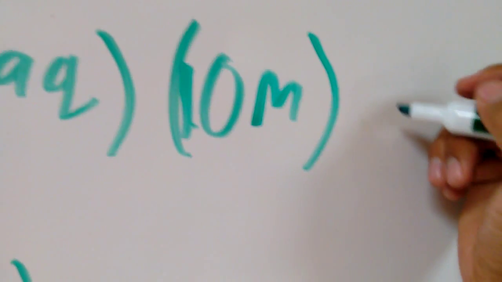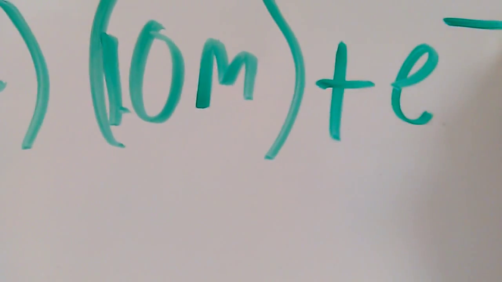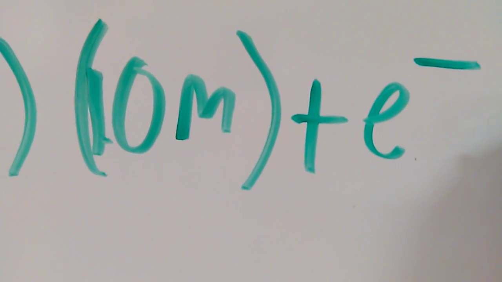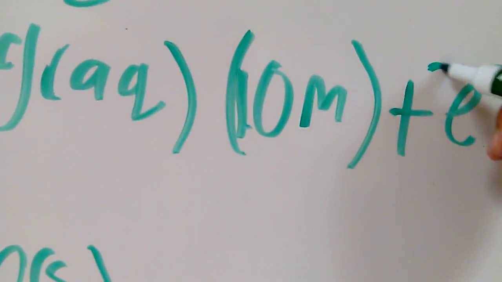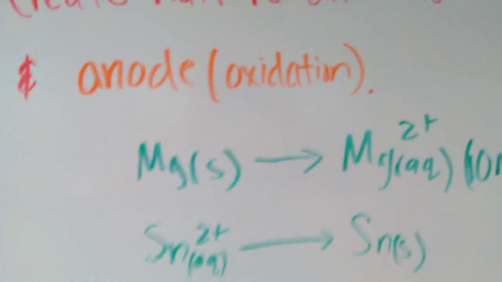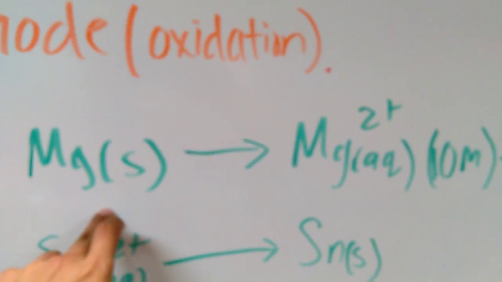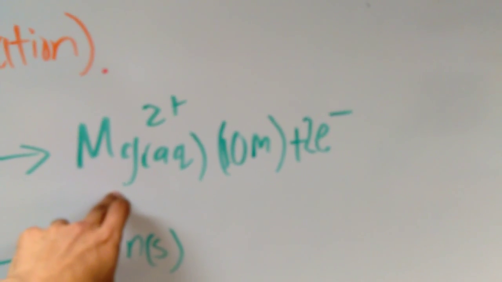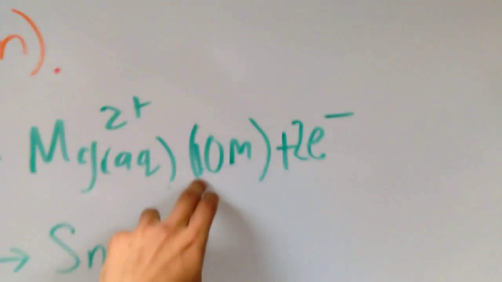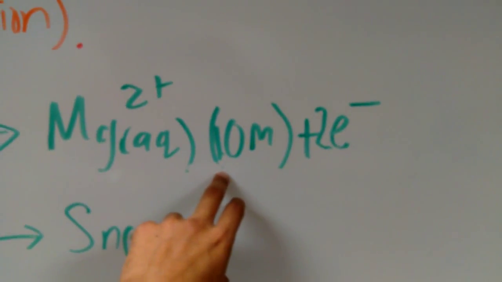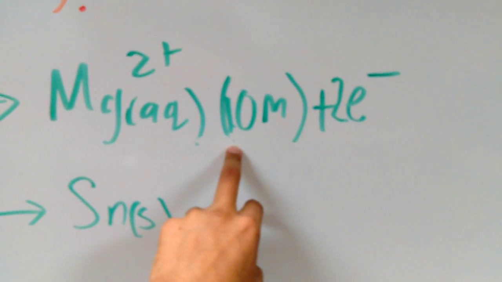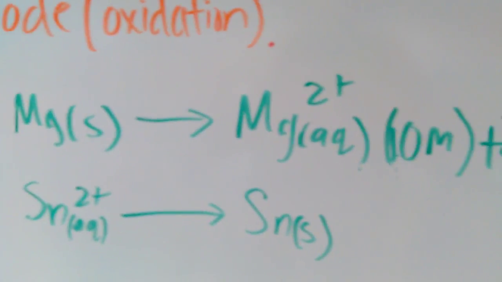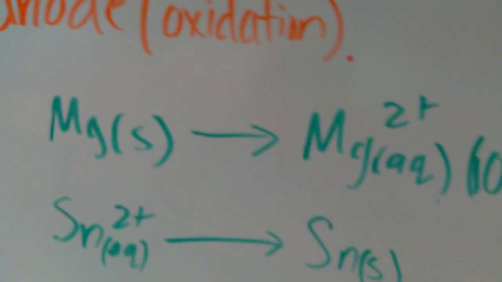Okay, and then it's going to add 2 electrons here. Sorry, I forgot the 2. So what's going on here is you're losing 2 electrons, and that's why you're writing your equation like this. And if you know you're losing 2 electrons, like we said earlier, oxidation is losing. So you know this one's going to be your anode, so we'll label it anode because it is losing electrons.